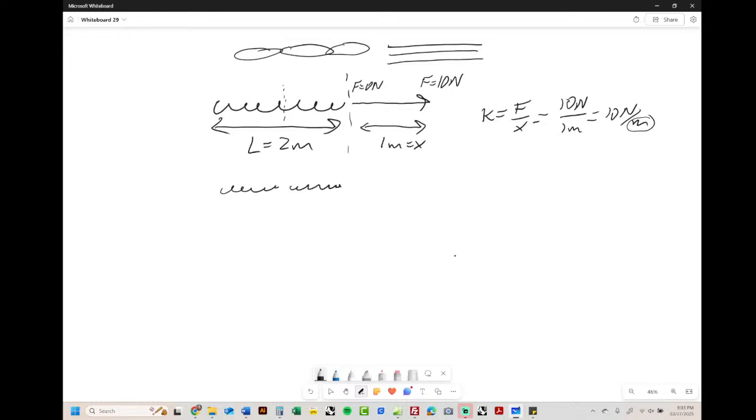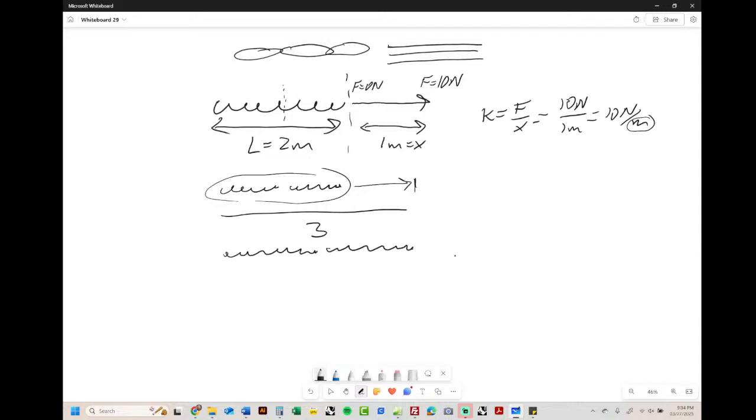Because when I take the full thing, which is 2 meters long, and I stretch it this much, which is like 3 whole meters for the entire spring, those little segments, this would have been 1 meter long, and this one from here to here is 1 meter long. And then when I stretch the whole thing to 3, this one is going to go to 1.5 meters, and this is going to go to 1.5 meters.